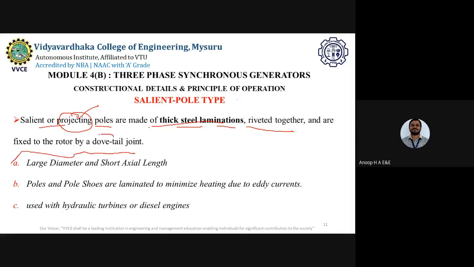So this fixing of the rotor is done by the dovetail joint. What are the major uses, depending on the constructional aspect? You have a large diameter of the machine and a short axial length of the machine. Coming to the poles and pole shoe, entirely it is laminated.